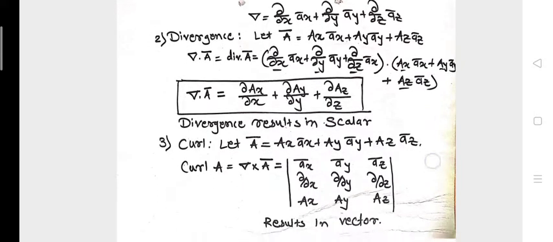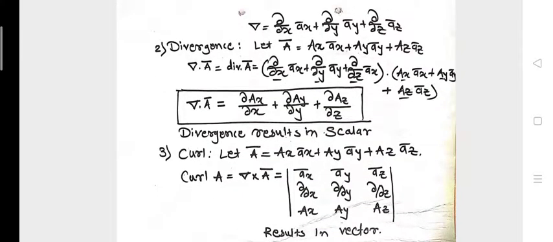Next is divergence. So when del operates on a vector quantity with a dot product, we call it divergence. So let us assume one of the vectors a bar is equal to ax a bar x plus ay a bar y plus az a bar z. So let us take the divergence of it.